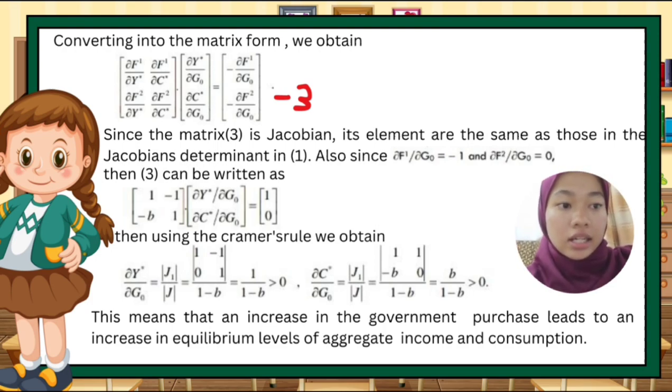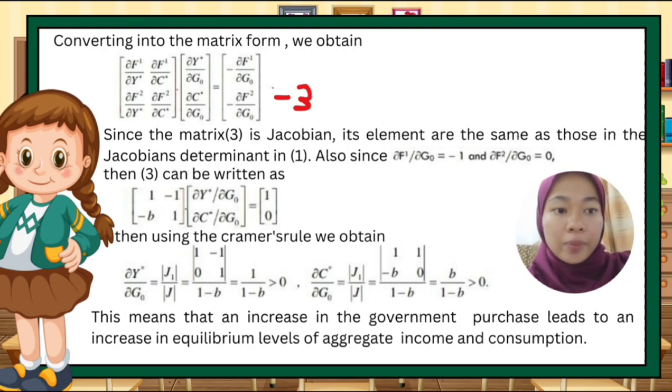Also, since delta F1 per delta G equals minus 1 and delta F2 per delta G equals 0, equation 3 can be written as the matrix 1, minus 1, minus b, and 1 times delta Y per delta G and delta C per delta G, equal to 1 and 0.